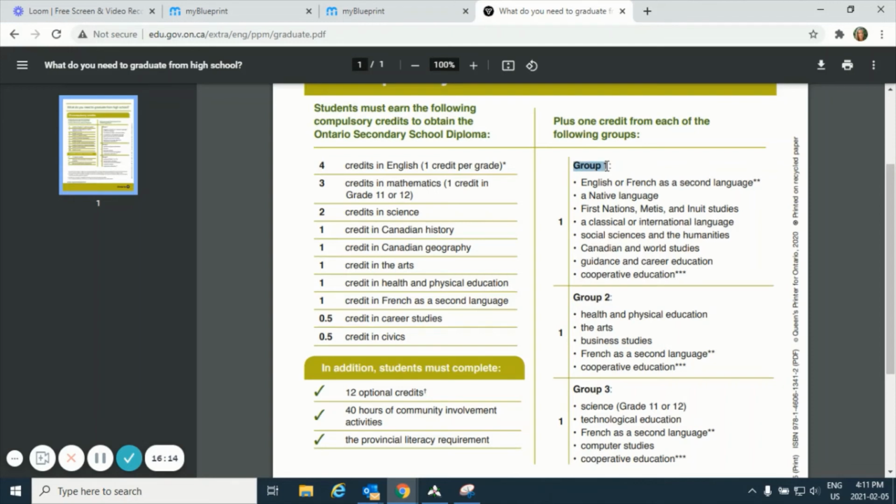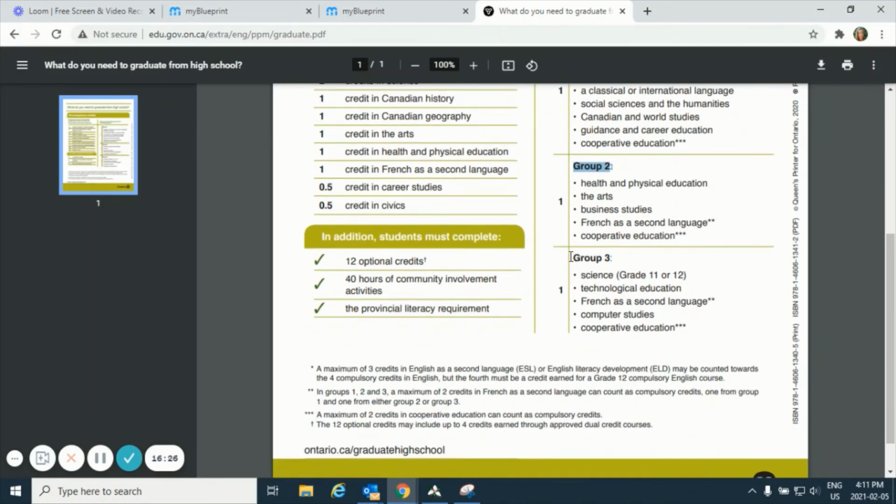You need to have a credit in Group 1, which is 1 credit from any of these subject areas. You need to have a credit in Group 2, which is a credit from any one of these subject areas, and your credit in Group 3, which could be a grade 11 or 12 science, a credit in tech, a second French credit, a credit in computer studies, or in co-op.